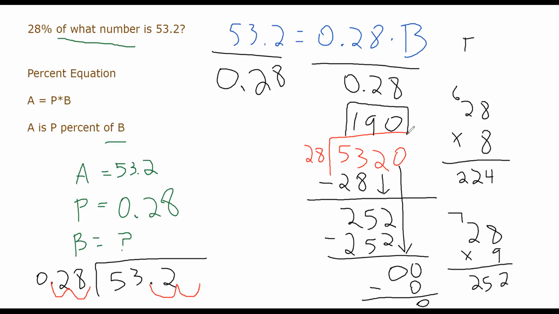So B is 190. So 28% of what number is 53.2? It's 190. 28% of 190 is 53.2.